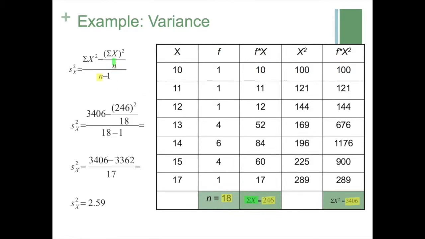So sum of x is filled into here, 246 up top, and then sum of x's squared goes over here, 3,406. So we can see right where those plug in to this formula. We do our computation, and we end up getting a sample variance of 2.59 from all of these values here.